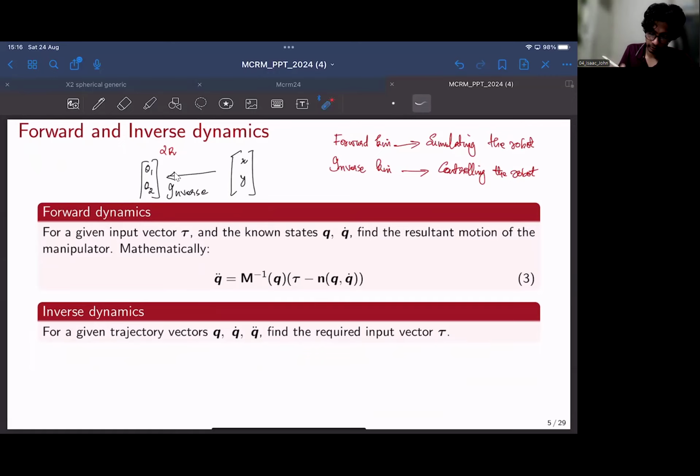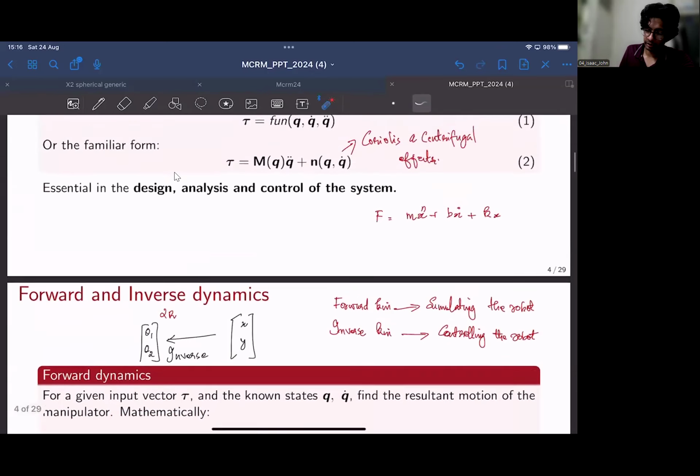Similar to forward kinematics, the forward dynamics basically says, for a given input vector tau and known joint states q and q dot, so if you supply the joint tau, and you know the initial states of the robot, the initial position and initial velocity, then finding the resultant motion of the manipulator is essentially forward dynamics, right?